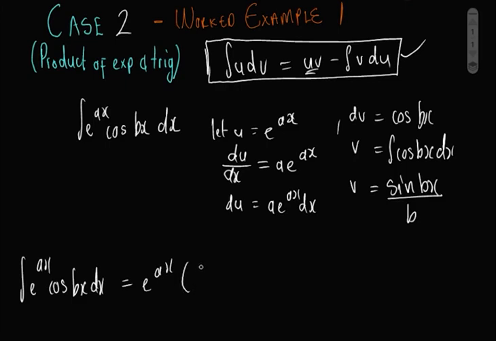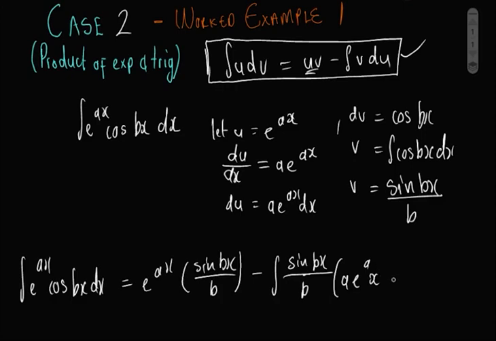My v is sine bx over b. And then minus the integral of sine bx over b multiplying du. What is my du? It's a e to the ax dx.